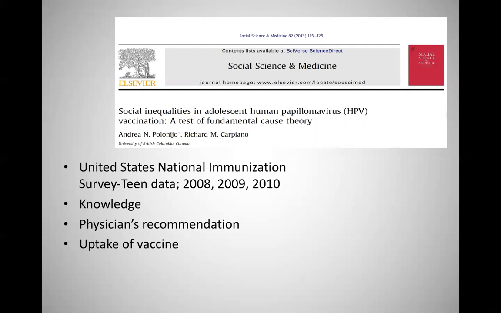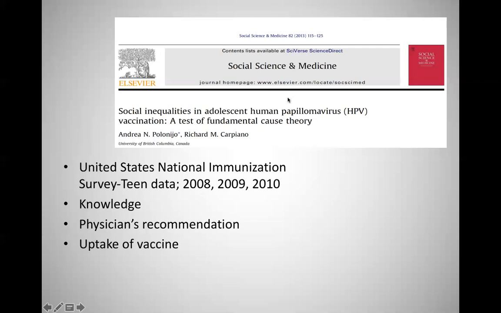Both studies are in the US context. But again, I say that the fundamental social cause is a theory that requires sophisticated data to be able to study it and to understand it. But I think it applies in different contexts. It's just that we don't have the good data to be able to look at it.